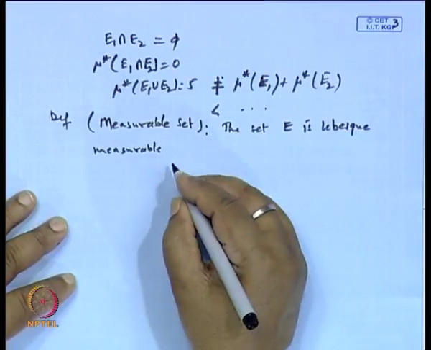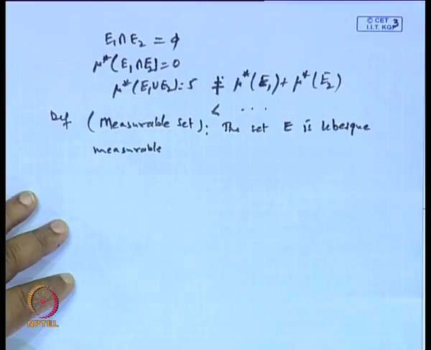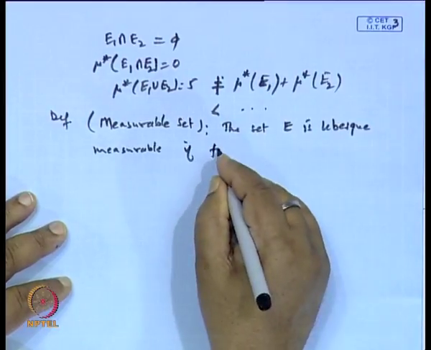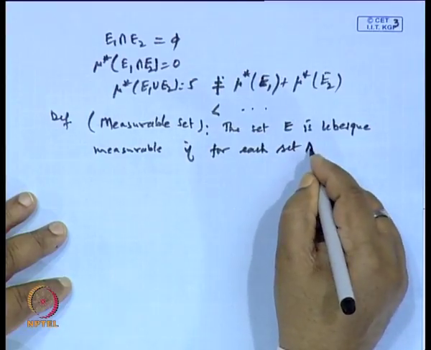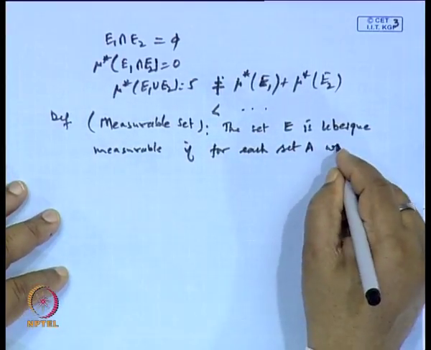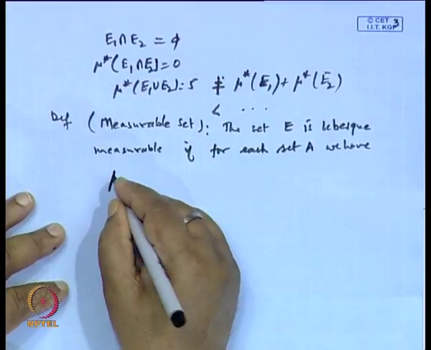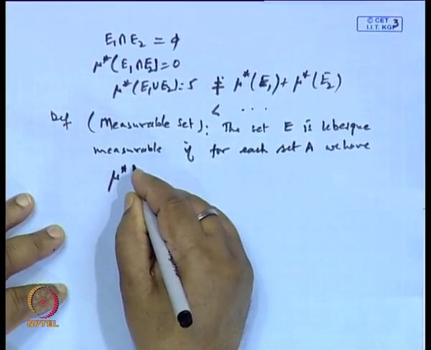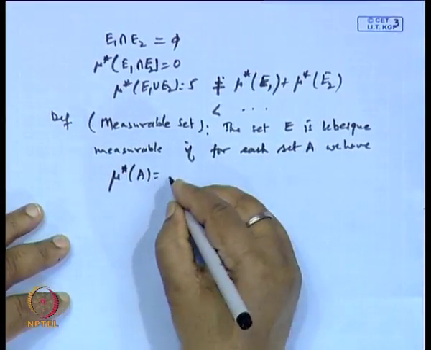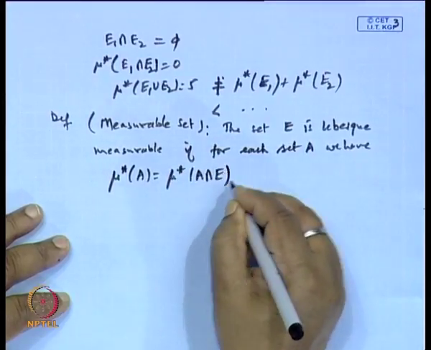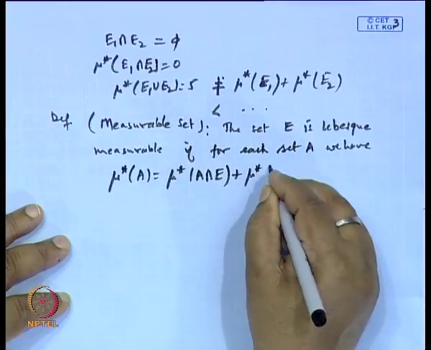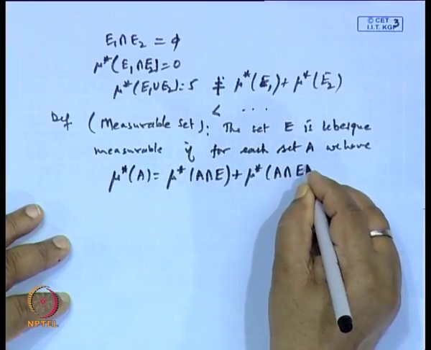if for each set A, we have mu star of A equal to mu star of A intersection E plus mu star of A intersection E complement.